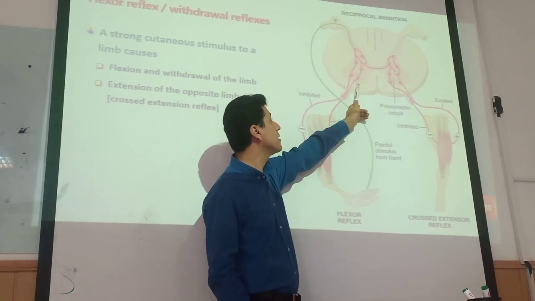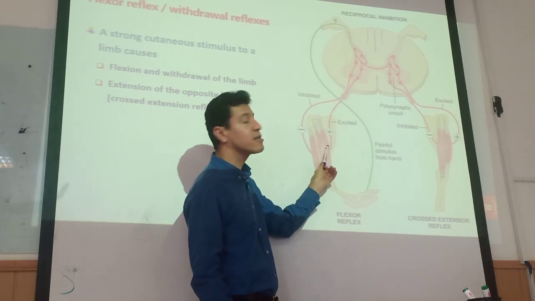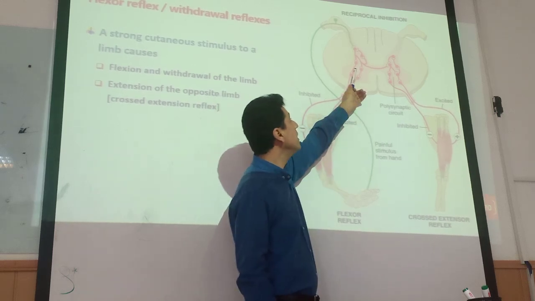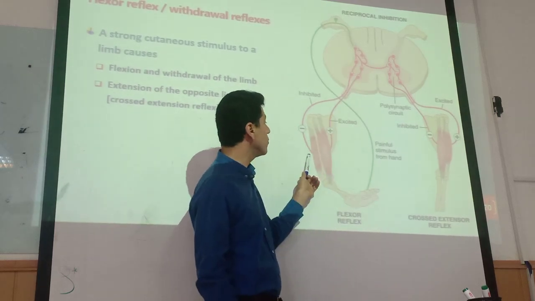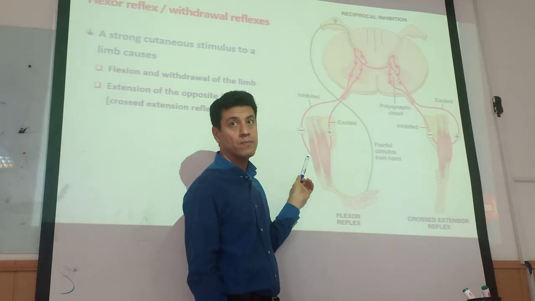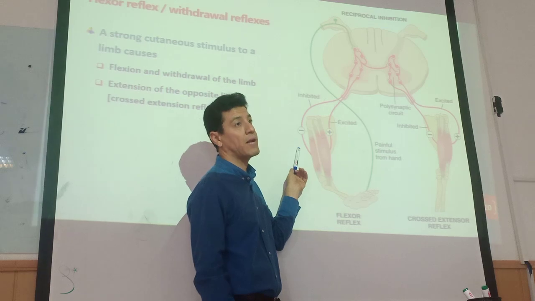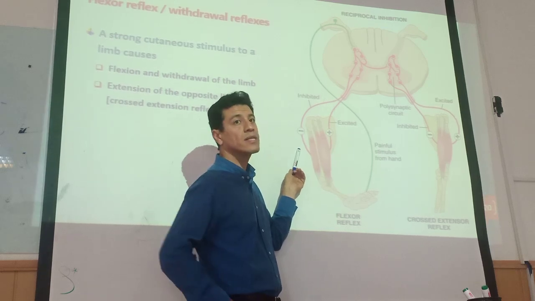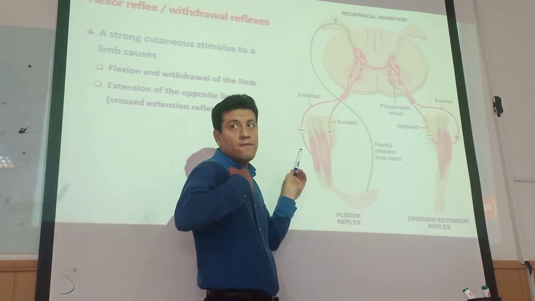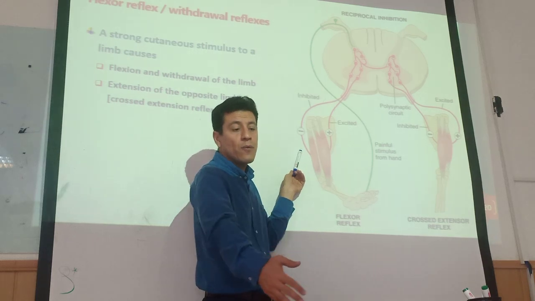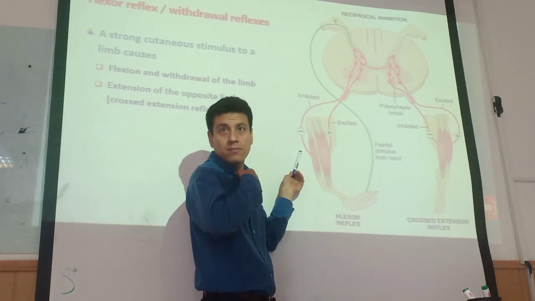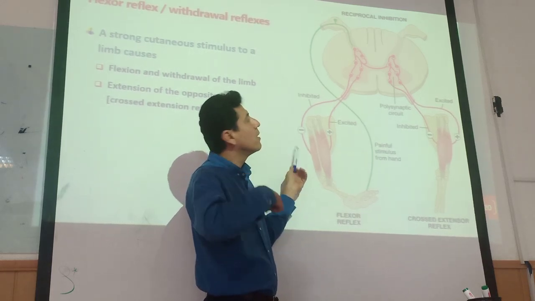Interneurons activate the alpha motor neuron to the flexor, and inhibit the alpha motor neuron to the extensor. So the flexor muscle contracts, the extensor relaxes. Yes. The result is flexion. Flexion means going away from the object. Yes, right?